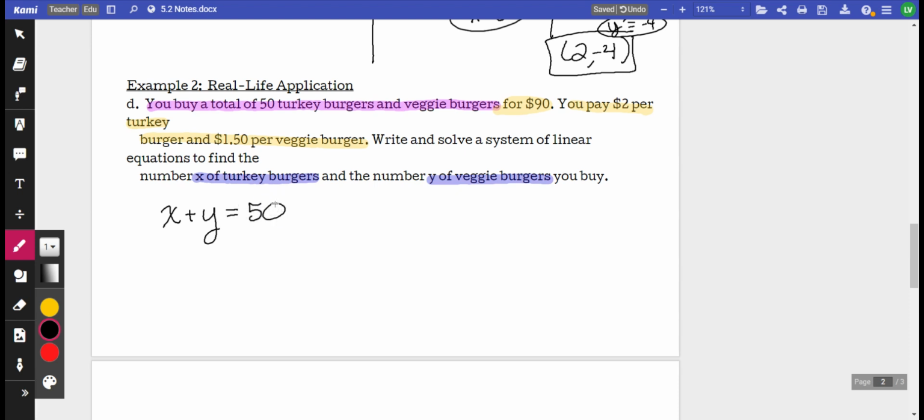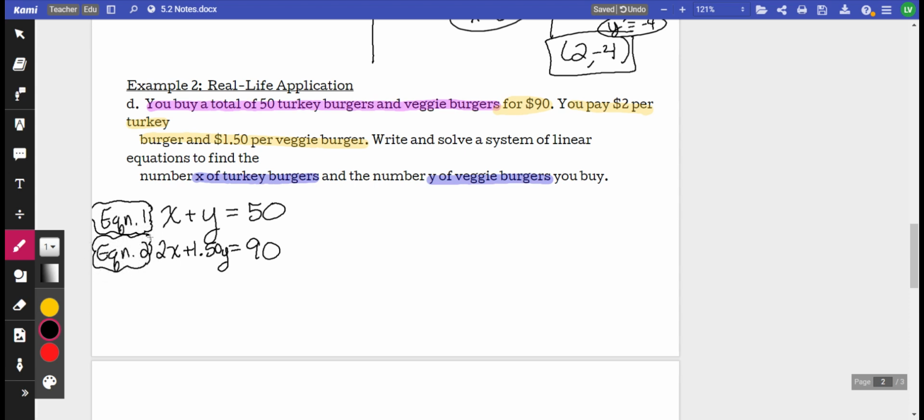So your first equation becomes x plus y equals 50. So that's my equation 1. Equation 2, we had to bring in the information that it's going to cost $90 total. It's $2 per turkey burger, so that becomes 2x, plus $1.50 per veggie burger, which is $1.50y, and that equals 90. So those are my two equations.